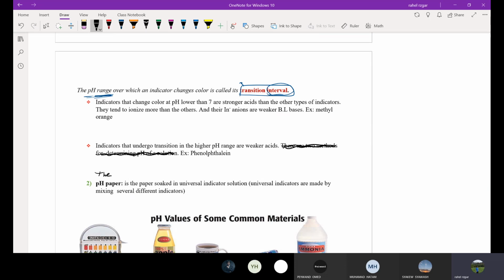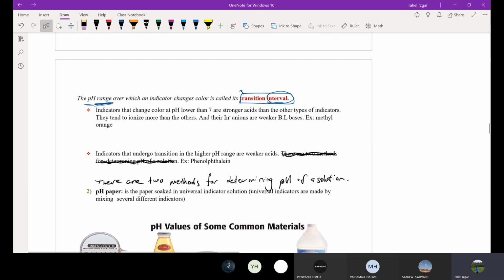We'll say there are two methods of determining pH of a solution. Okay. Now let's go back to our subject.